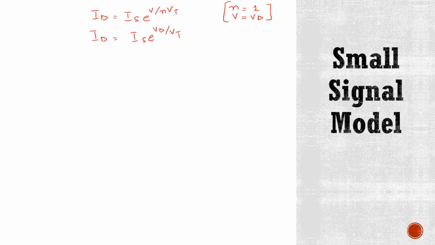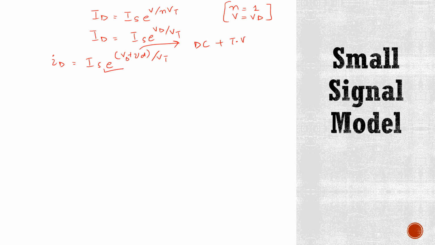Now for instantaneous current iD, this formula will become something like this, because we know that instantaneous quantity is the sum of DC and time varying quantity.